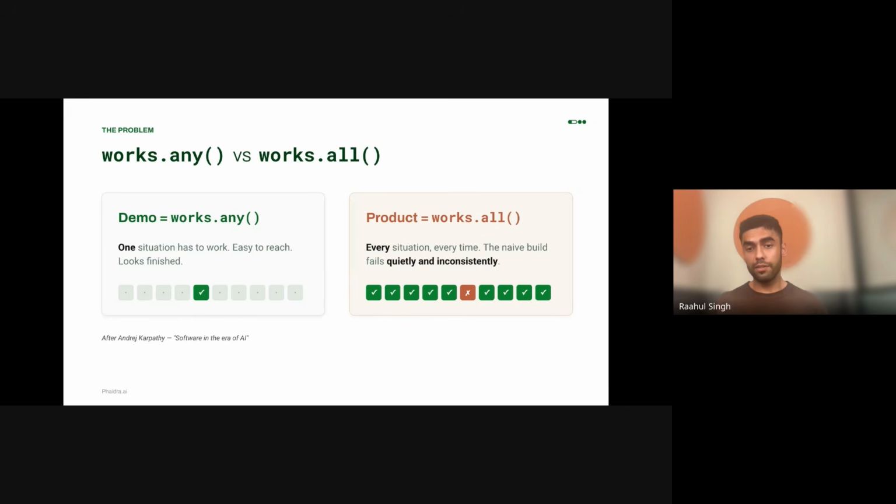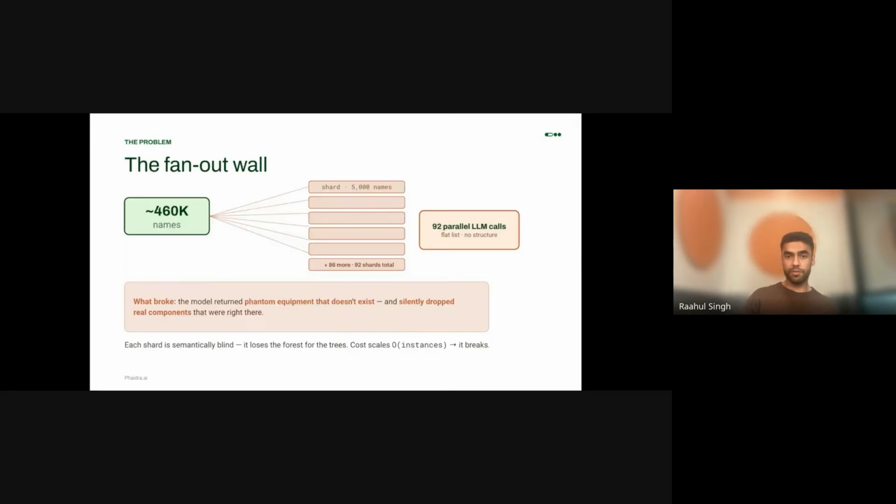Now, there are naive solutions, which we shall discuss going forward. A naive approach to solve this problem would be to divide and conquer. Take your different equipment, branch them in different shards, and pass them through LLMs. Parallel calls should work, right? Well, that's what we thought. The problem is you get horrible recall and hallucinations.